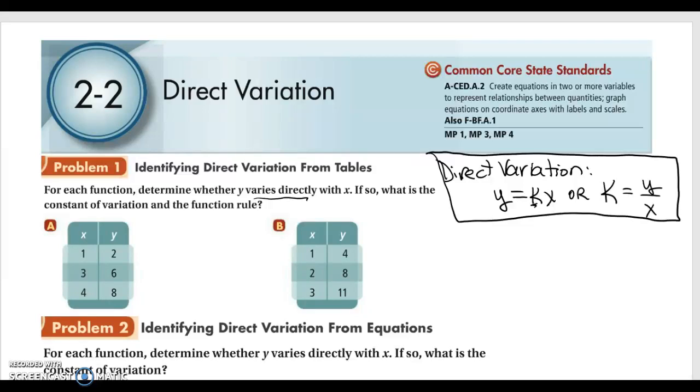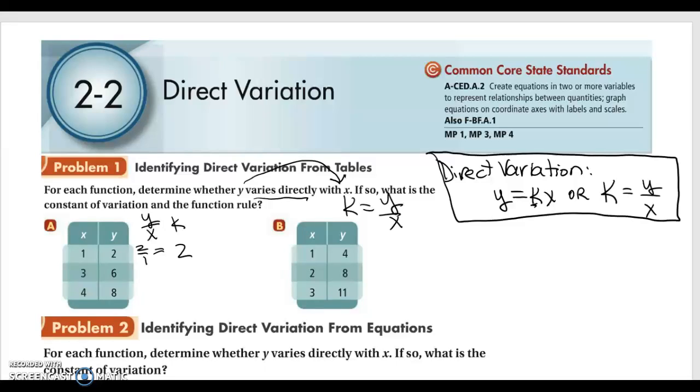For y to vary directly with x, the constant k will always be the same. And since k equals y divided by x, that's what we're going to try. In example A, let's figure out y divided by x. Here we have 2 divided by 1, which equals 2, so k would be 2 in this first line.